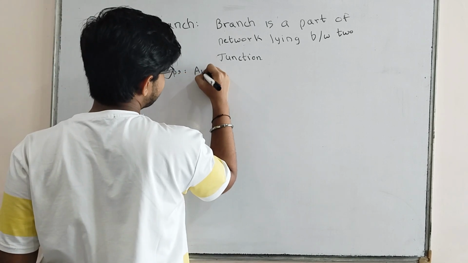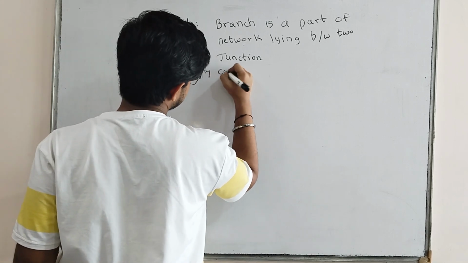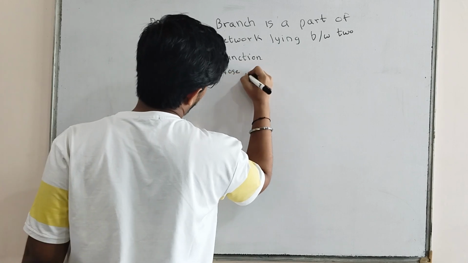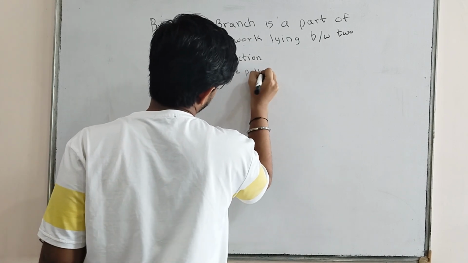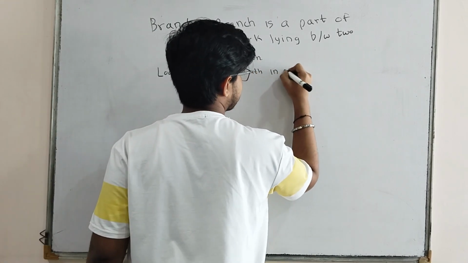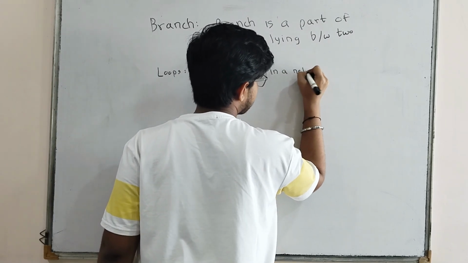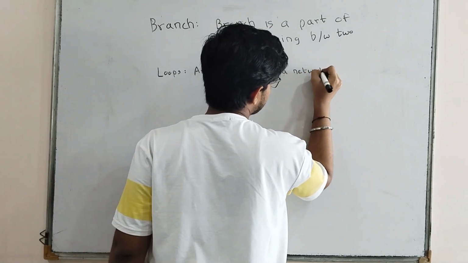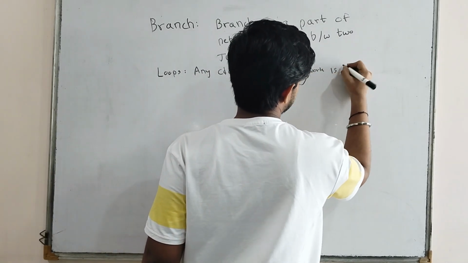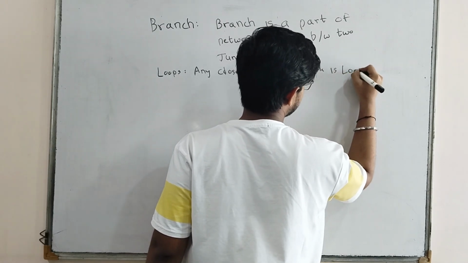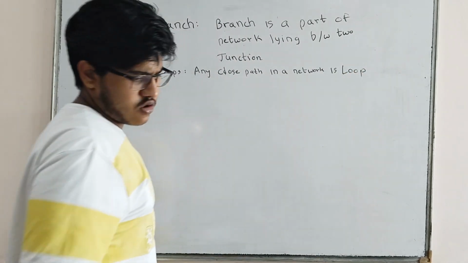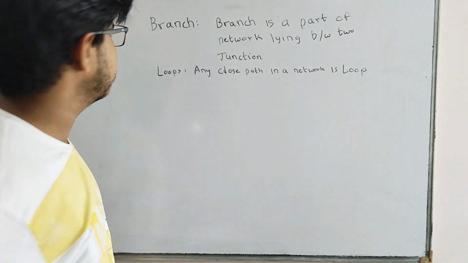Any closed path in a network is a loop. Next is mesh.